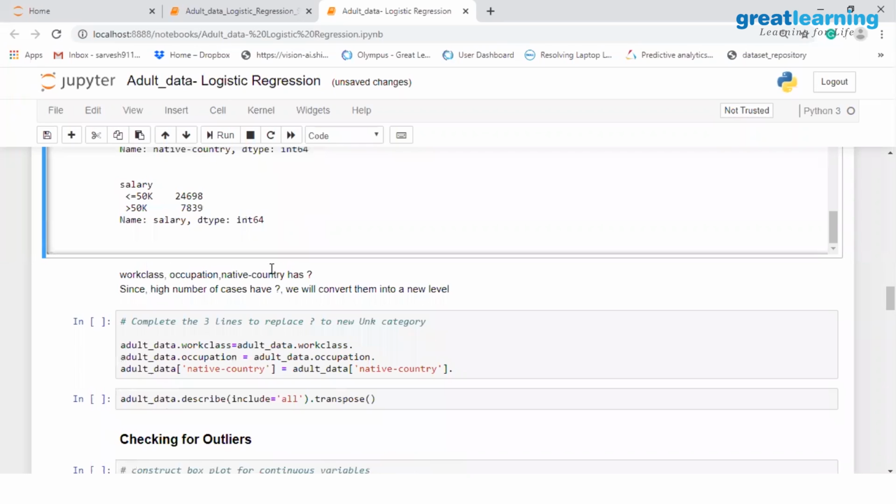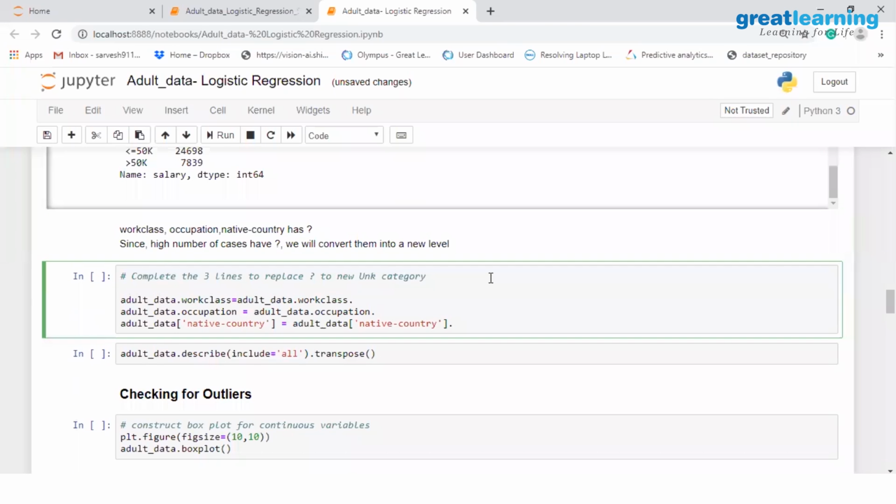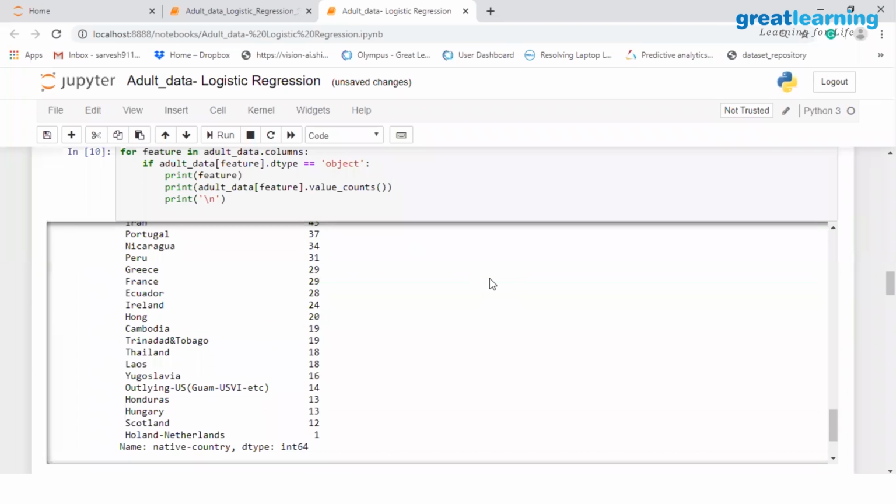Work class and occupation have the question mark. Since there is a higher number, we will convert them to a new level. So complete the 3 lines to replace the question mark with one more category. Which had a question mark?